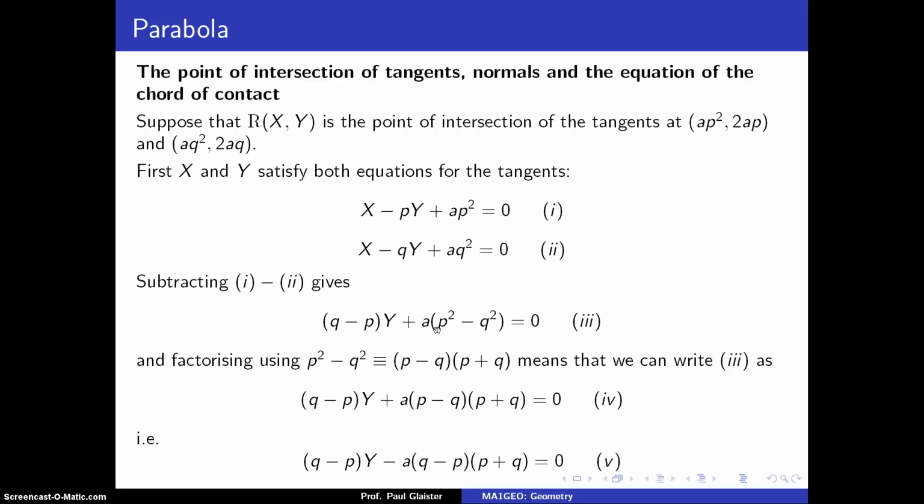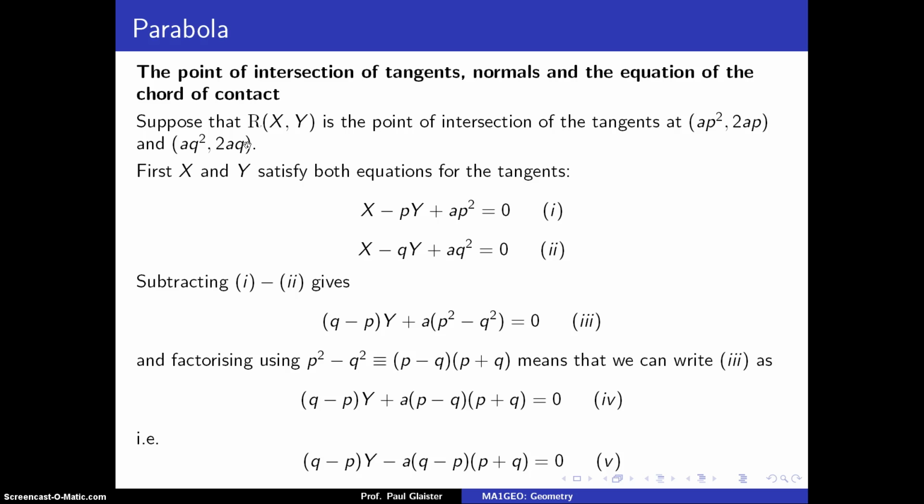So how do we determine the coordinates of the point of intersection of two tangents to the parabola? Well, let's suppose that we have 2 distinct points on the parabola, labelled (ap², 2ap) and (aq², 2aq), where p and q represent the parameters for those 2 points.